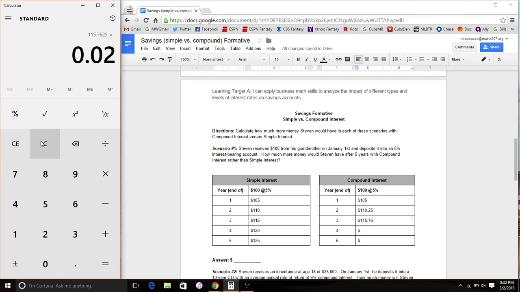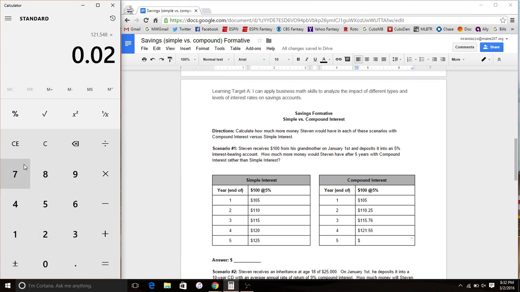Okay, $5.79. Now we add that to the 115.76, and now we have 121.55. And then finally we multiply that by 0.05.